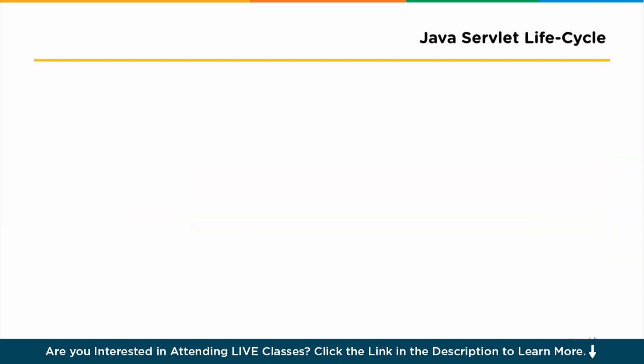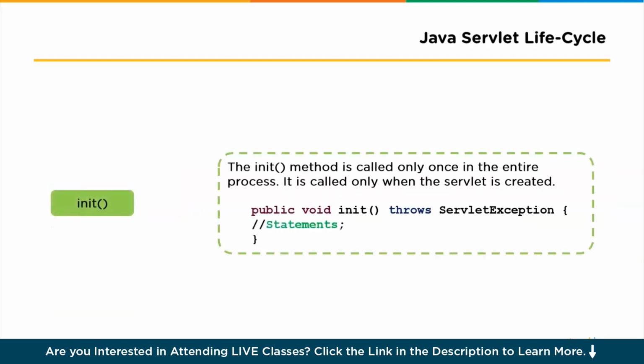The first one is the init process. The init method is called only once. It is called only when the servlet is created and not for all the requests afterwards. So it is used for one-time initializations, just as with the init method of applets. The servlet is normally created when a user first invokes a URL corresponding to the servlet, but you can also specify that the servlet is loaded when the server first starts.